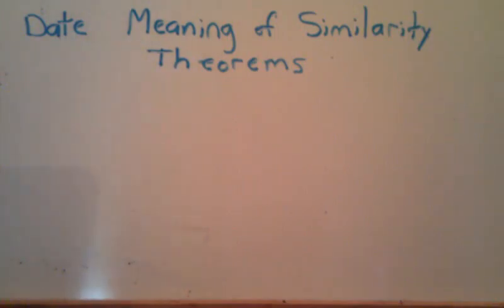So, meaning of similarity using theorems. In the last lesson, you were introduced to the concept of similarity. So we're going to expand on what you learned, and we're going to show how you can prove that some triangles are similar.